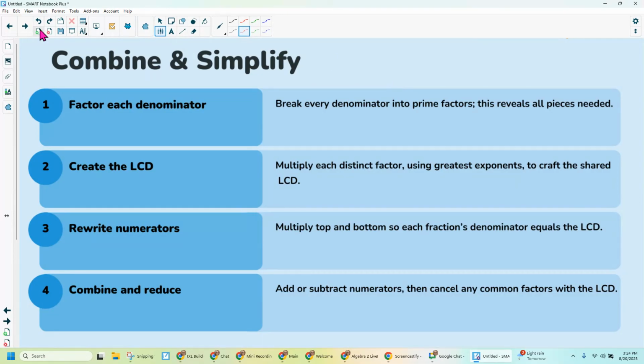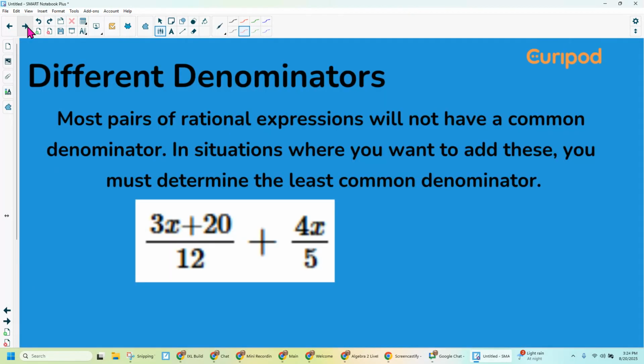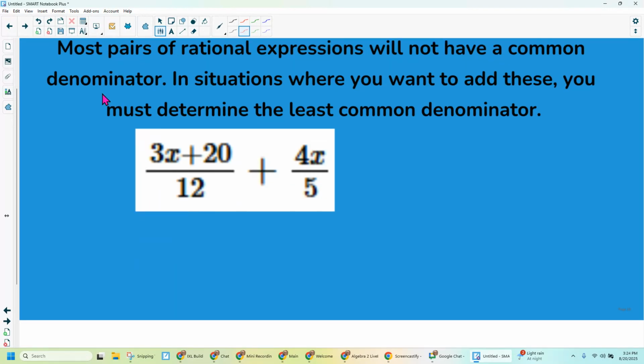So let's put this to work. We have different denominators. Most pairs of rational expressions will not have a common denominator, as given. In situations where you want to add these, you must determine the least common denominator.